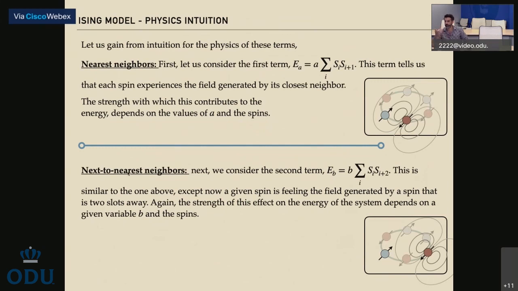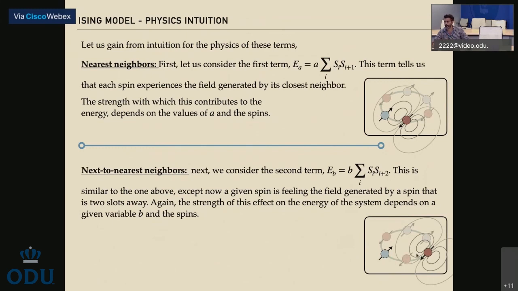The next term is essentially the same story. Here you have a little cartoon where you consider the first spin, which is up, and nearby it is one with a spin down. This experiences a force due to the magnetic field of this guy, and so that's going to affect the energy of the system.